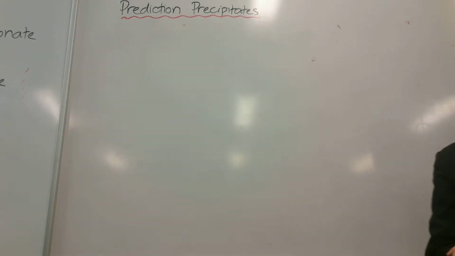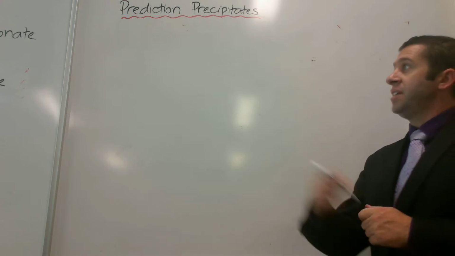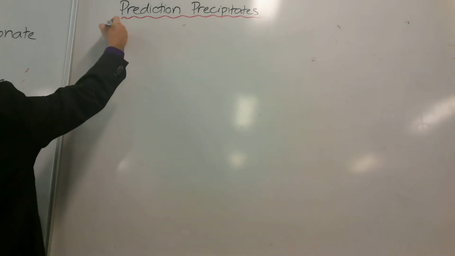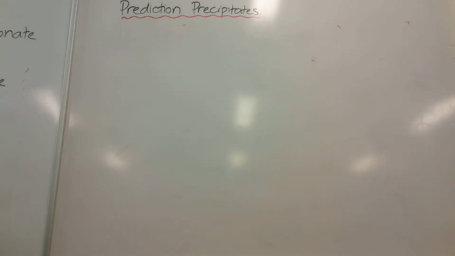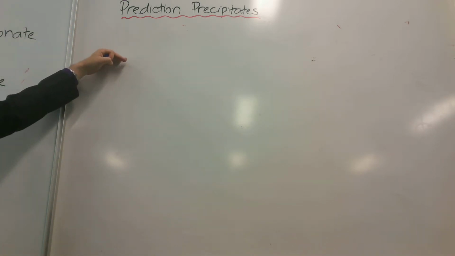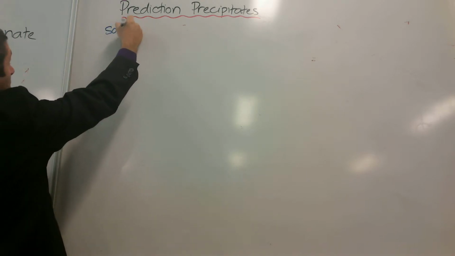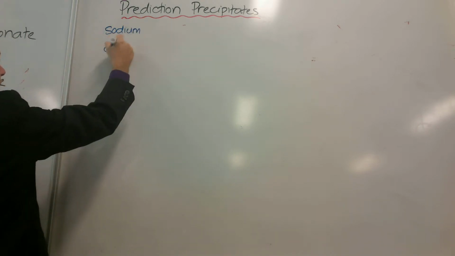The one I gave you was sodium carbonate plus silver nitrate. I'll write it up again, but in a slightly different way: I'm going to put the positive ions at the top and the negative ions, or anions, at the bottom. The first chemical I gave you was sodium carbonate.